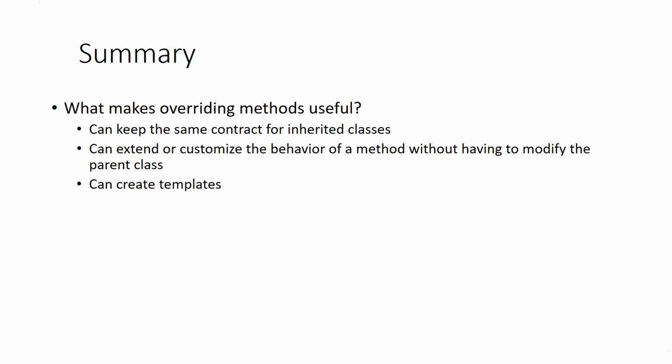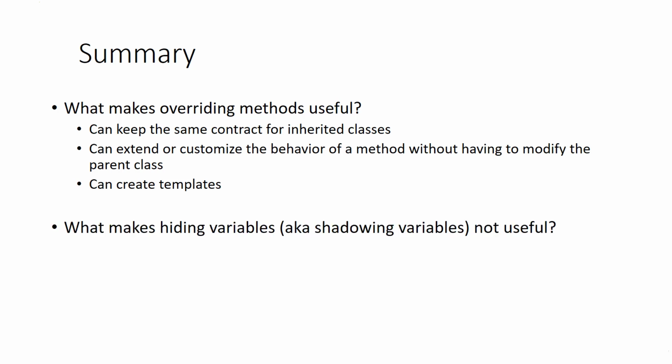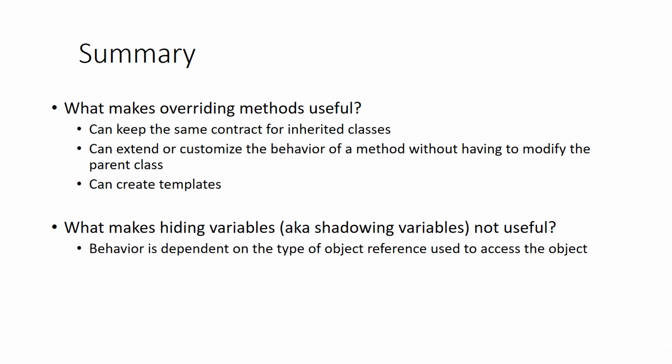For the other question of what makes hiding variables, or shadowing variables, not useful, well, we saw that the behavior was dependent on the type of object reference used to access the object, and we could see why. When we looked in the debugger, we saw that cat actually had two sound variables, and which one was being accessed depended on the type of object reference.